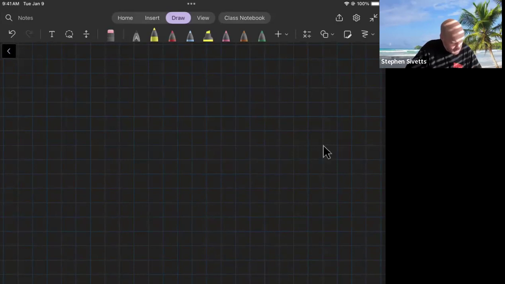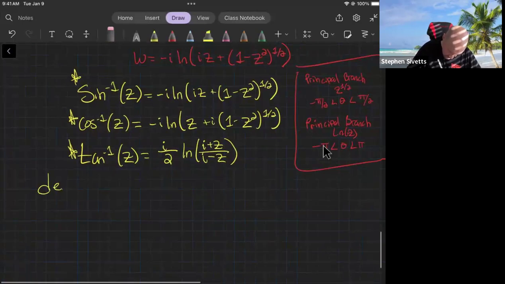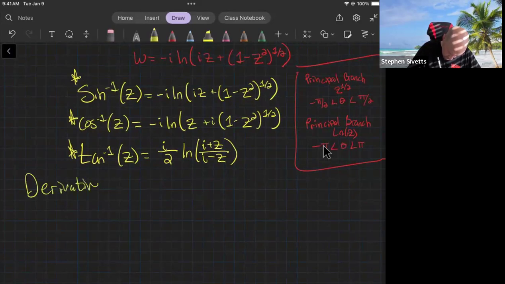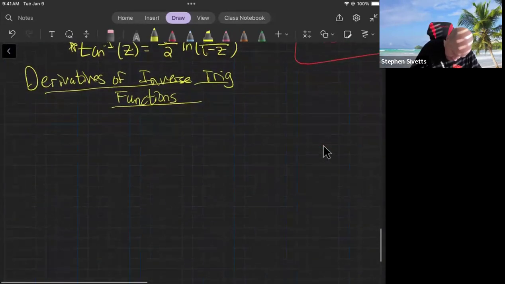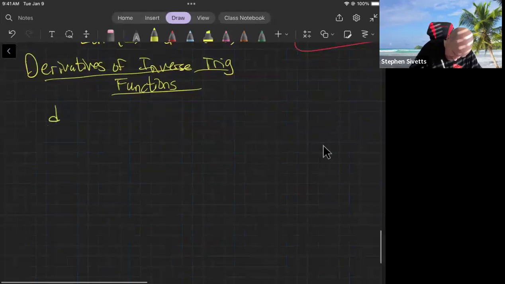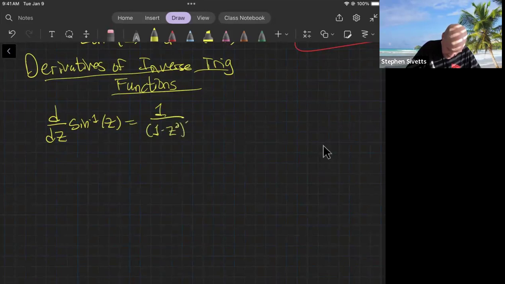Also the derivatives of inverse trig functions. The derivative with respect to z of inverse sine of z is equal to 1 over 1 minus z squared to the 1/2 power.